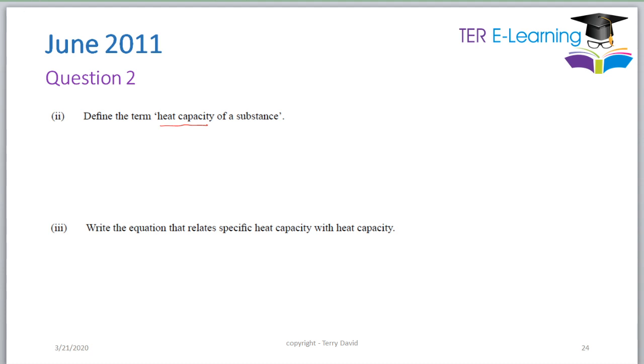The question is not asking for specific heat capacity. It's asking for heat capacity. So the energy required to increase the temperature of a substance by 1 degree.